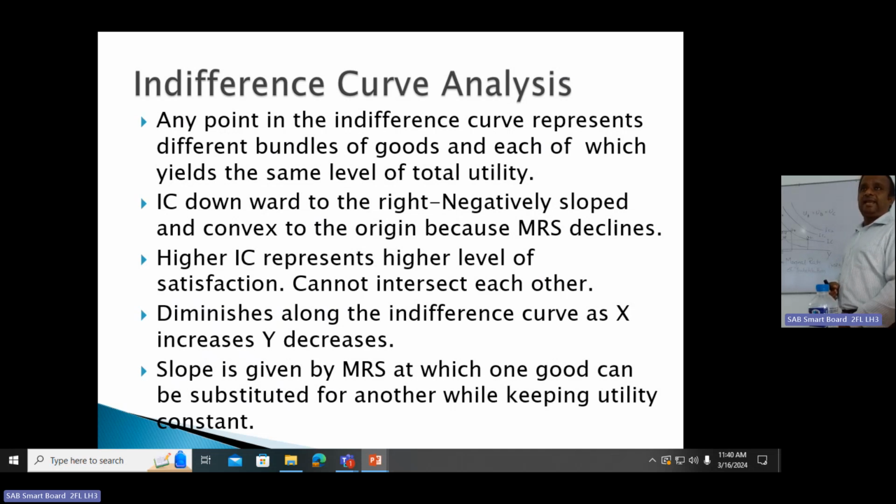Do you think they can intersect each other? What is your idea? Can the indifference curves intersect?